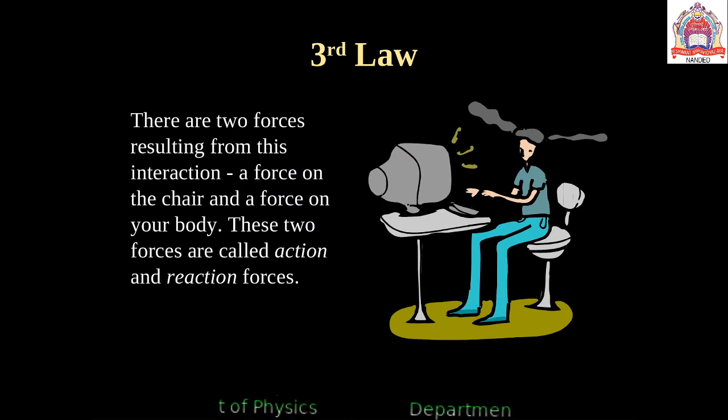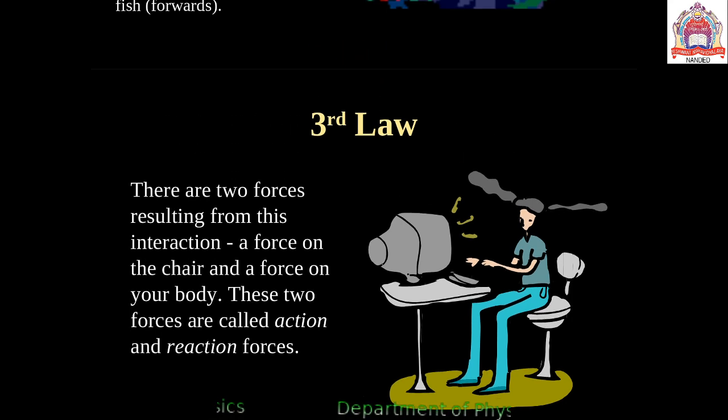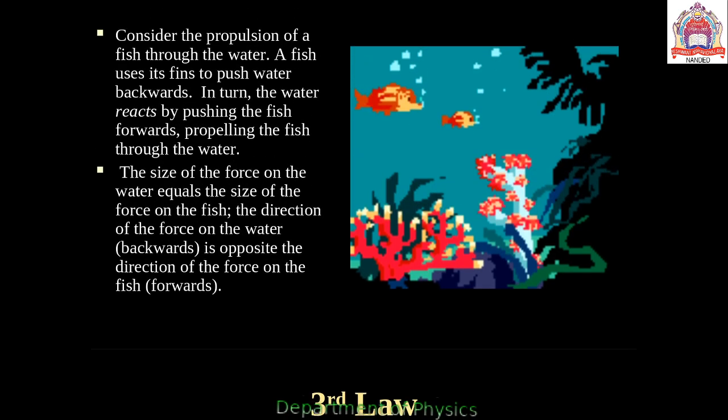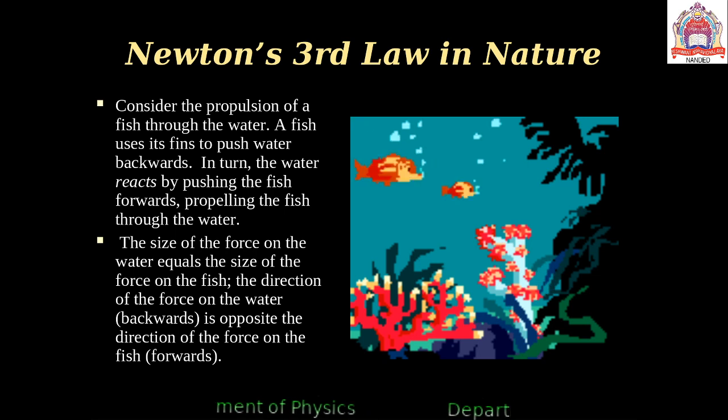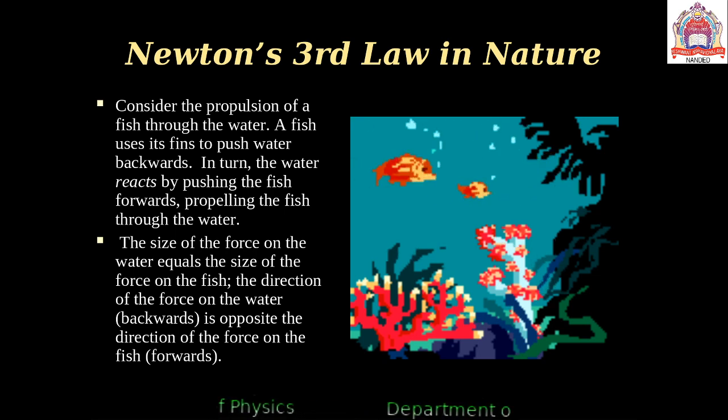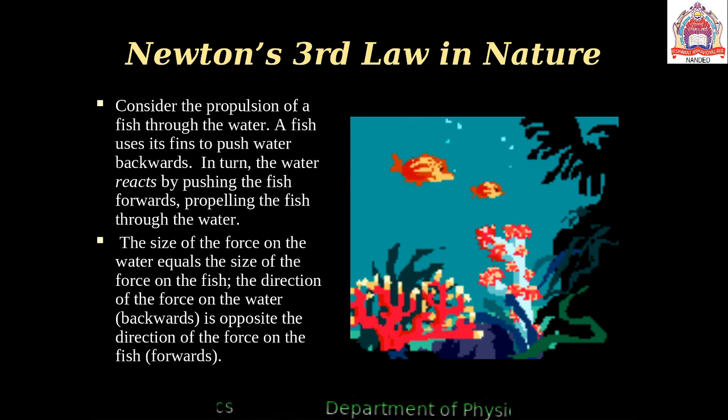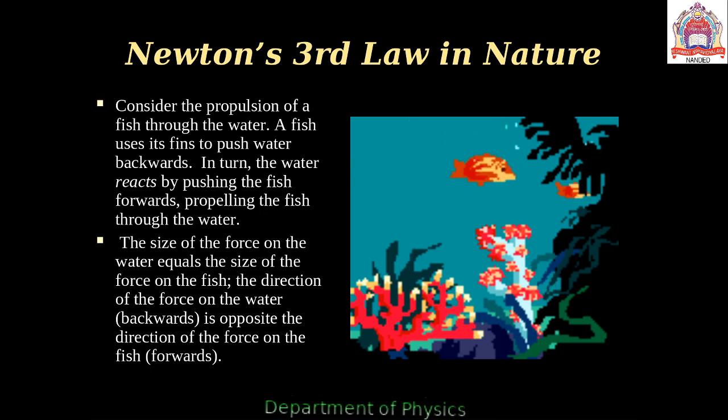Here is the best example. There are two forces resulting from this interaction: a force on the chair and a force on your body. These two forces are called action and reaction forces. Here, consider the propulsion of a fish through the water. A fish uses its fins to push water backward.